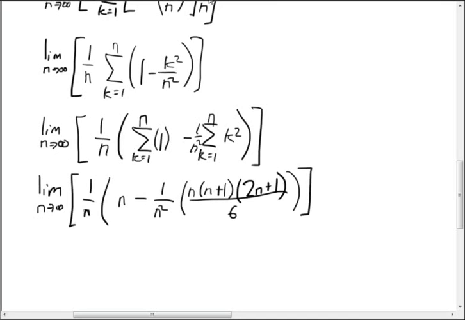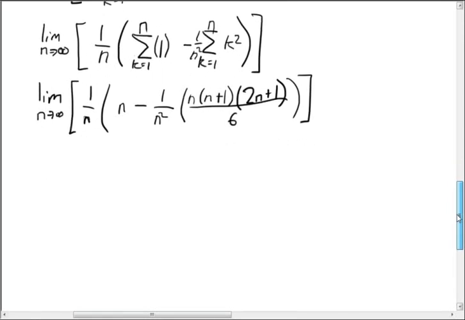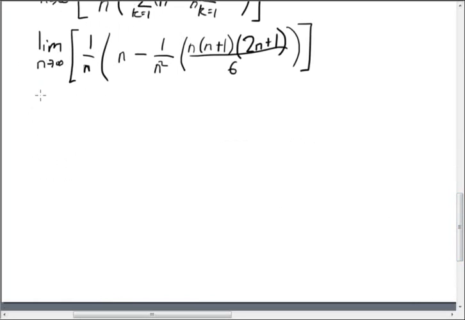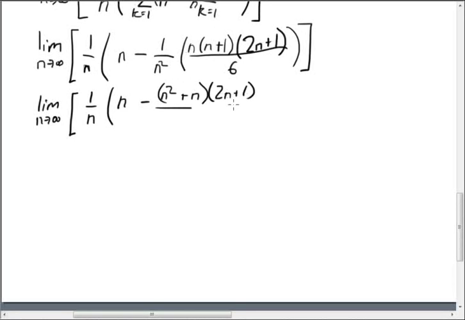And that's the limit. So now it goes back to basically an algebra problem where we get to distribute this all out. So 1 over n times n minus, this is going to be n squared plus n, 2n plus 1, all over n squared, and I'm going to pull out this 1/6 over here, like that.